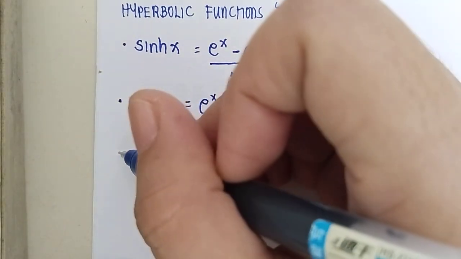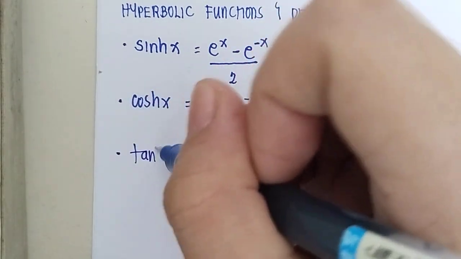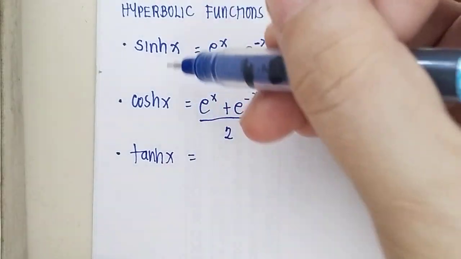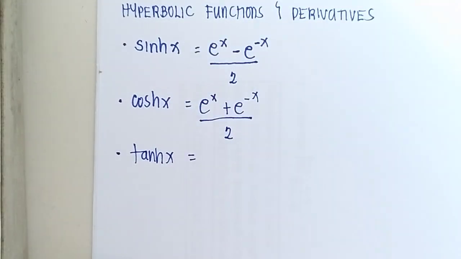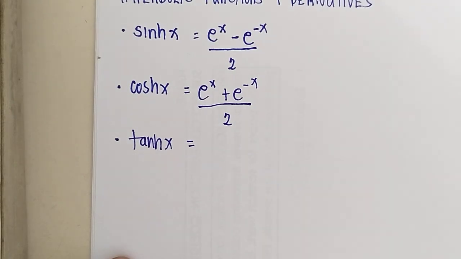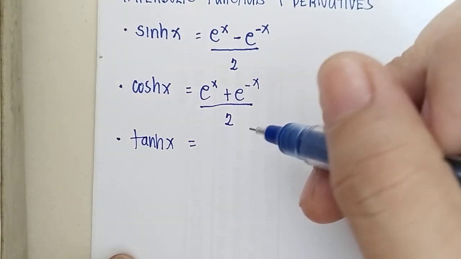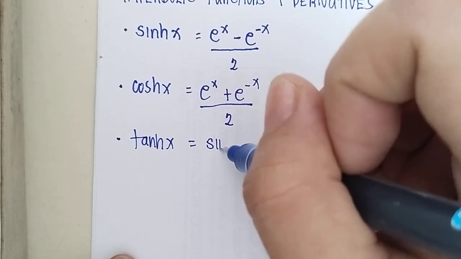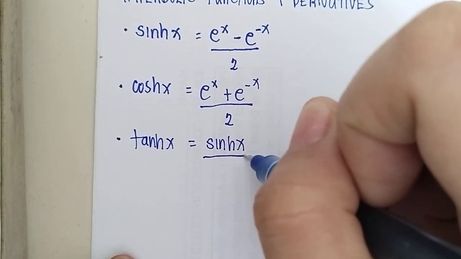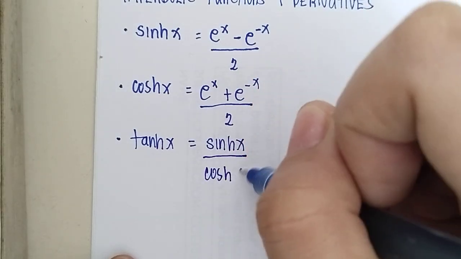For the hyperbolic tangent naman, hyperbolic tangent of x, mapapansin nyo may h lang sila after the 6 trigonometric functions. So, hyperbolic tangent, this is also equal to hyperbolic sine of that angle over the hyperbolic cosine of x.